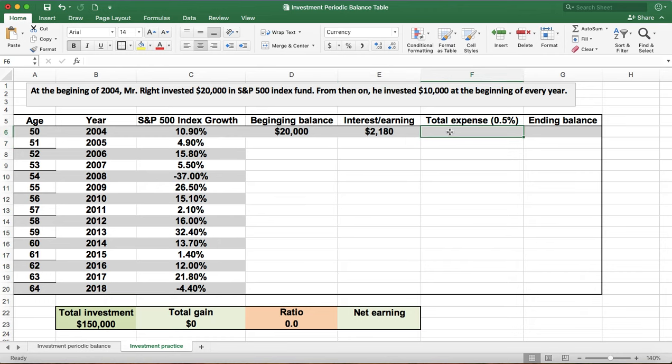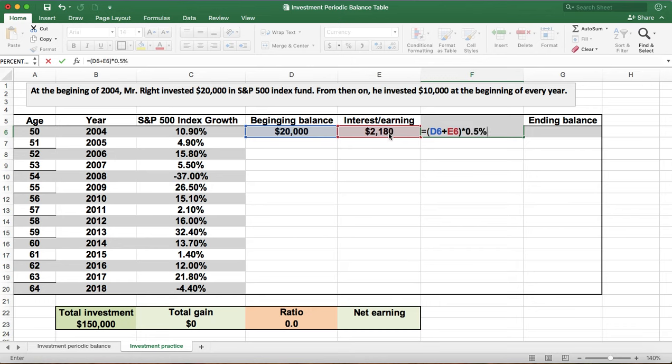And total expense: because you invest in an S&P 500 index fund, you need to pay some fee for the service. The fee rate is 0.5% of the beginning balance plus the annual earning. So beginning balance plus earning times 0.5%.